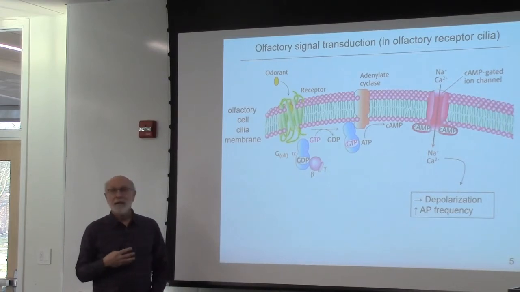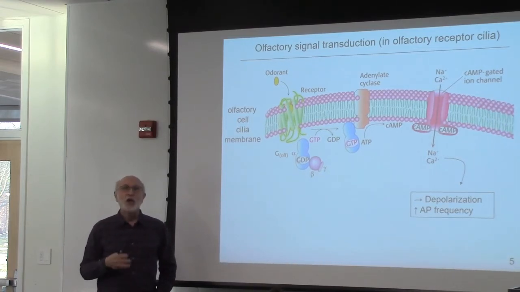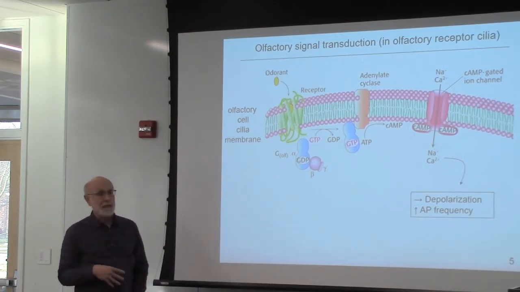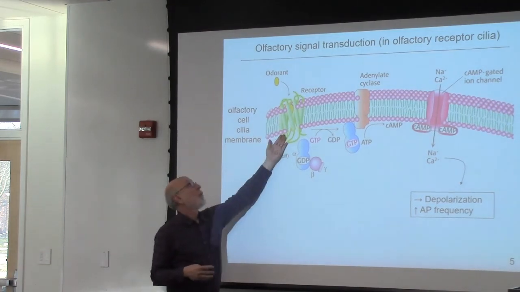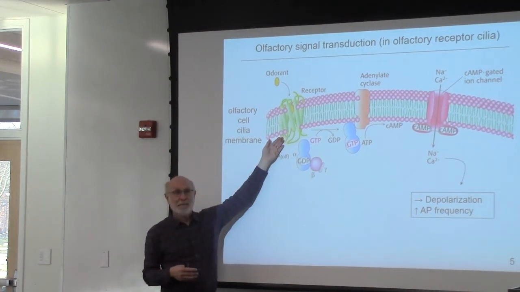This is the mechanism by which all odorants are transduced into electrical information. So let's walk through it. You know this already. Most of it. What kind of receptor is this? GPCR.